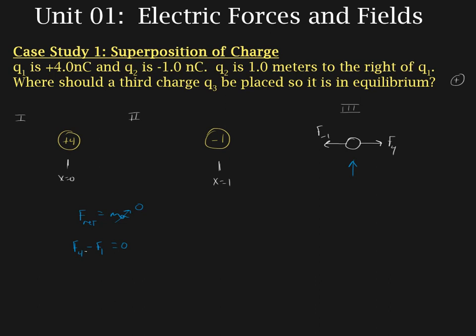Now, these forces are described by Coulomb's law. This is where the definition of Coulomb's law comes in. And so what we get is k Q4 times q, that test charge, divided by the distance from the 4 nanocoulomb charge to this location.